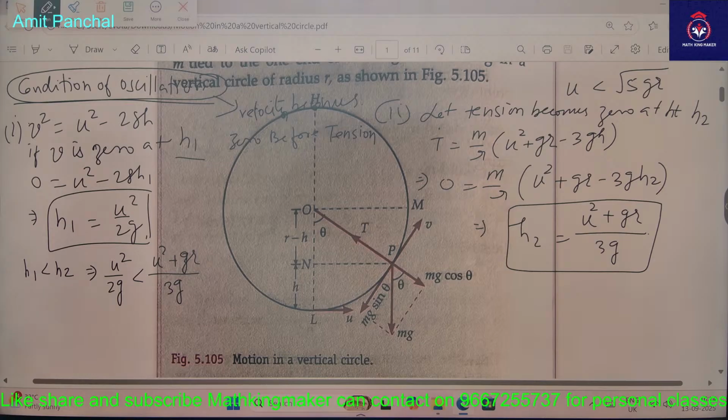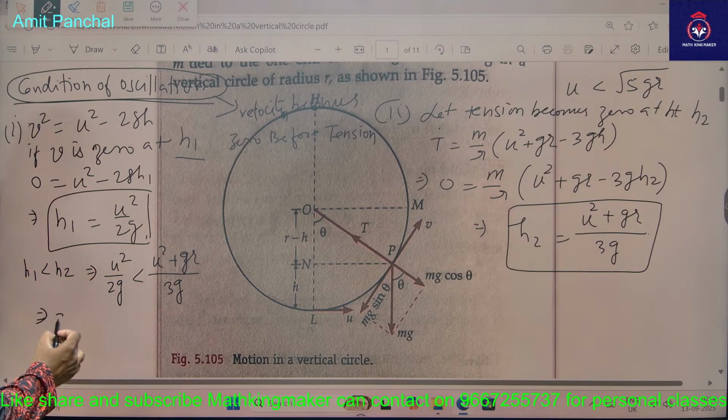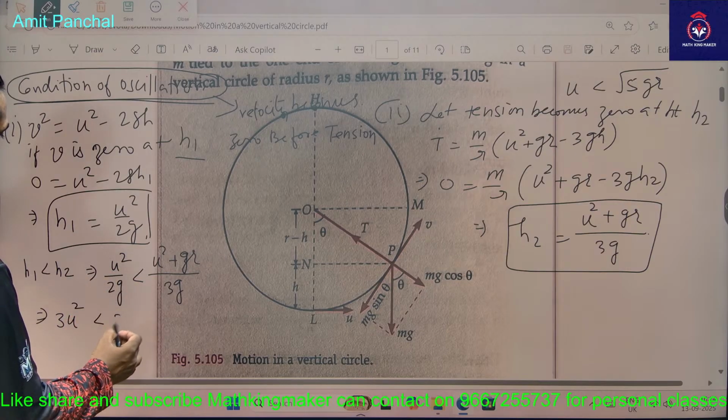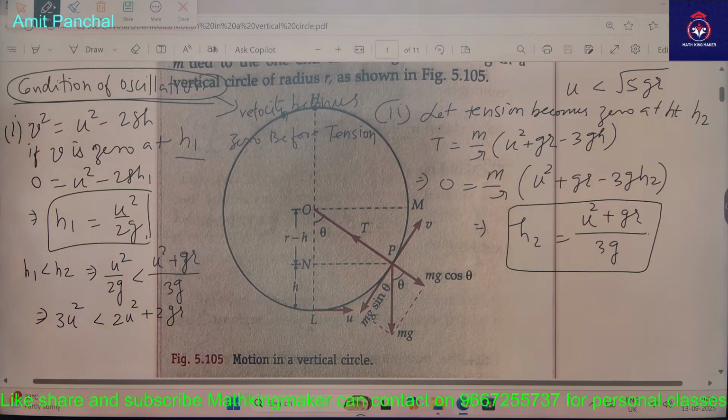Now how will you solve that inequality? g cancels. 3 will be multiplied here: 3u square is less than 2u square plus 2gr. So u square goes to the left side, and it will be 2gr. So u square will be less than 2gr.